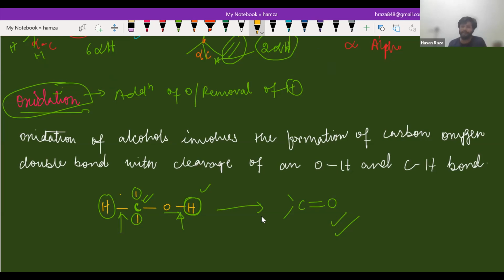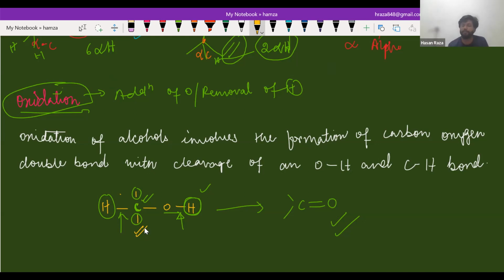If it is primary, then it will be converted into aldehyde. If it is secondary, then it will be converted into ketone. If it is tertiary, then it will not be oxidized because this carbon will not have any hydrogen. So that's why tertiary alcohol cannot be oxidized.